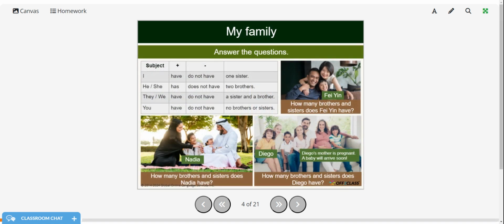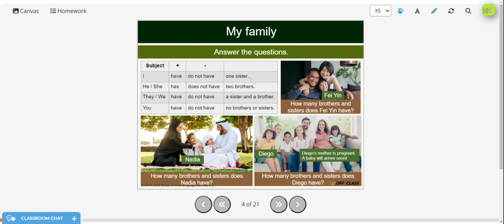All right, now we're going to talk about how to form the negative. We've already talked about I have one sister, but what if that's not true? You would say I do not have one sister. We would say he or she has two brothers, but for the negative, it would be he or she does not have two brothers.